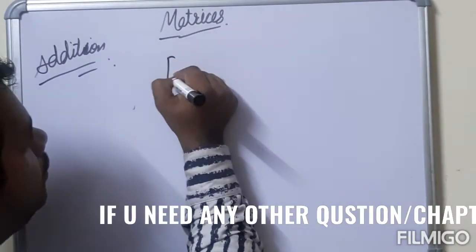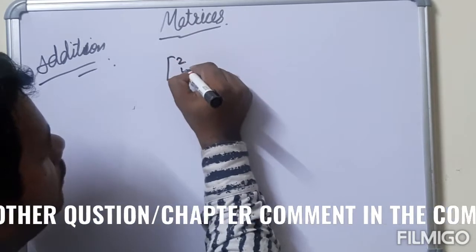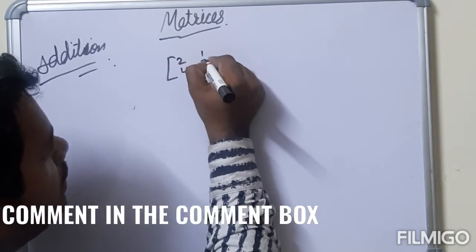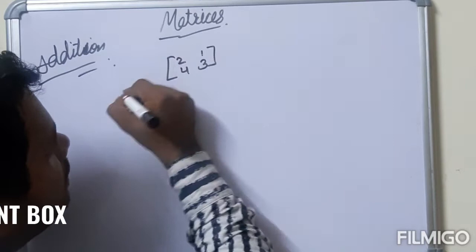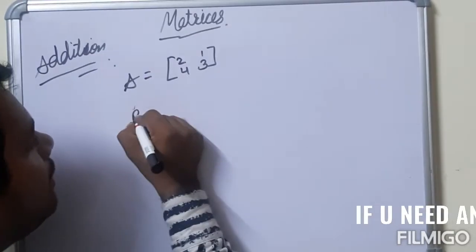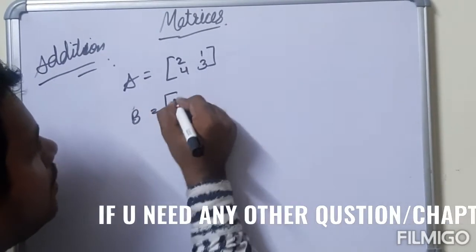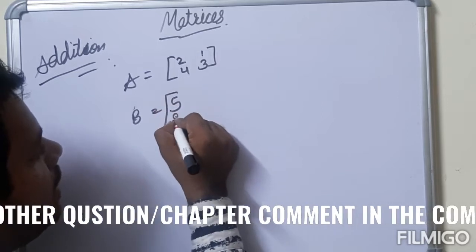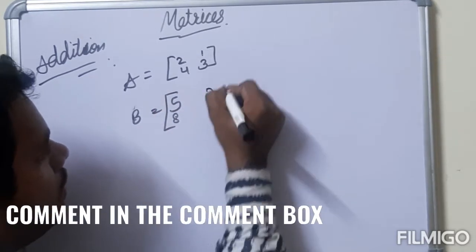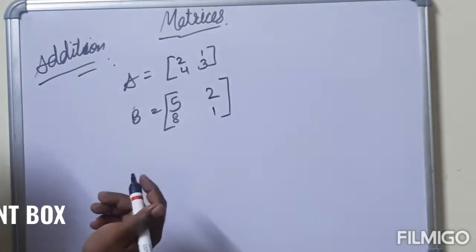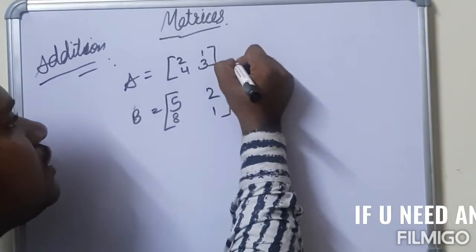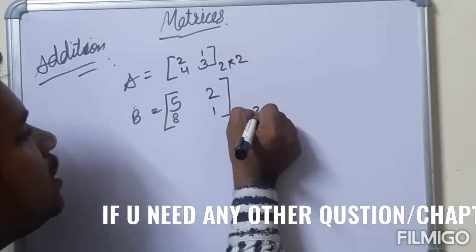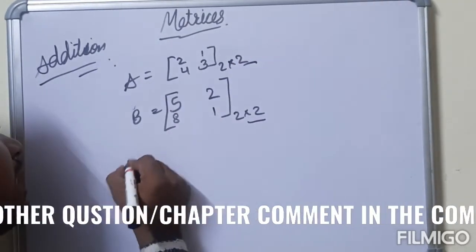We are given two matrices, A: 2, 1, 4, 3 and B: 5, 2, 8, 1. We have to add both matrices. As we see, both are 2 by 2, of the same order, so we can add them.